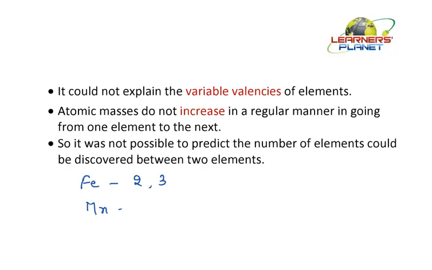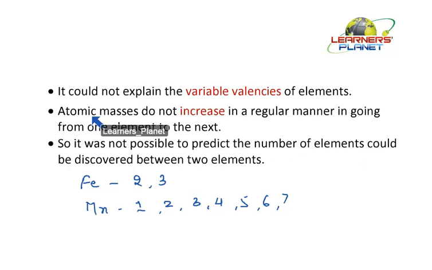Manganese also has 1, 2, 3, 4, 5, 6, 7. So there are elements with more than one valency. So he couldn't explain that. Why? Because valency depends on the number of electrons in the outermost shell or the combining capacity of the elements. But what he did, he arranged the elements on the basis of their atomic weights. So he couldn't explain the variable valencies of the elements.